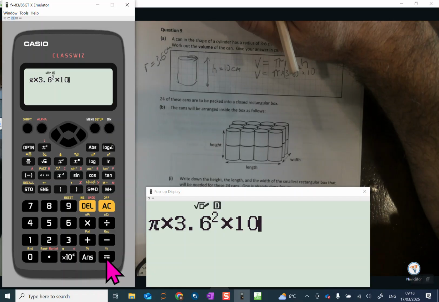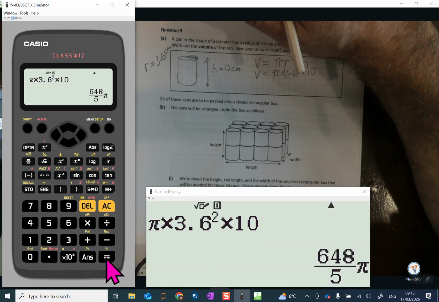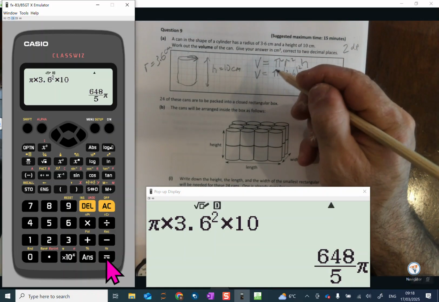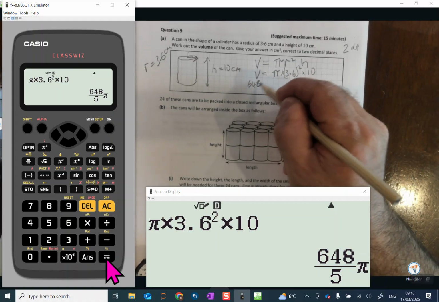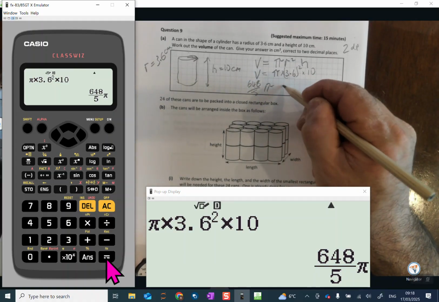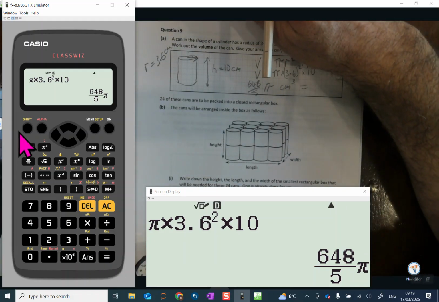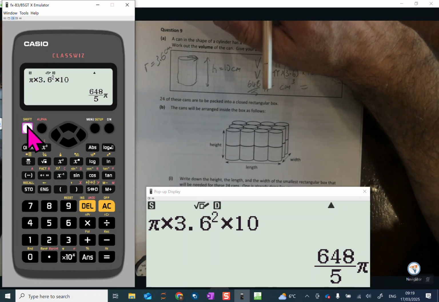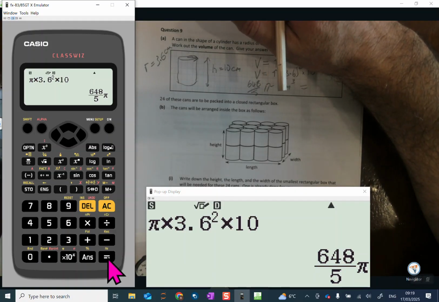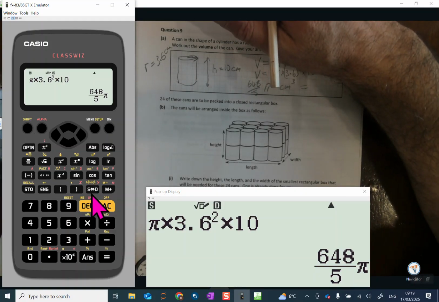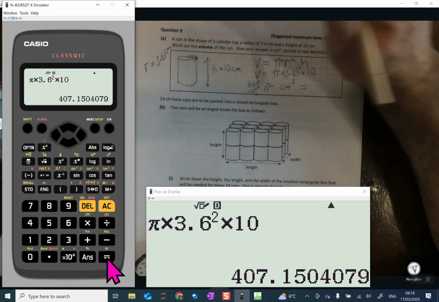Now hit equals will give me an exact value, which I'm going to write down out of good practice, even though it's not the answer we're looking for now, and then I'll do approximate, which on nearly every Casio calculator, shift equals will work. You can go digging into submenus or using the SD button, but shift equals will work on all of them.